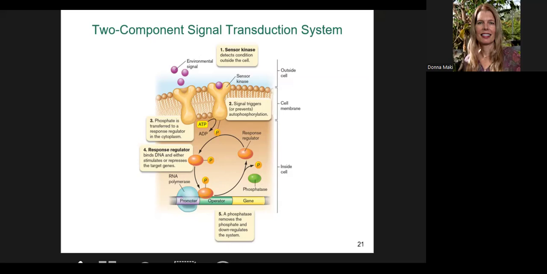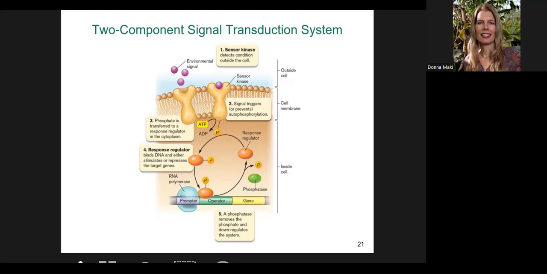So that's the two component. You have the sensor kinase, response regulator, and then the signal transduction is the idea that you take this peptide pheromone signal and you transduce it into the cell and alter gene expression. So this is a universal mechanism. Like I said, bacteria came up with it first.